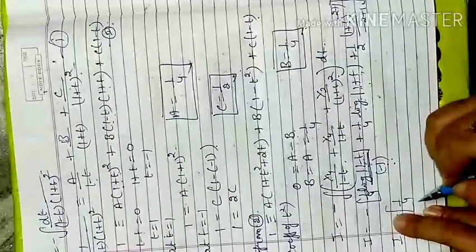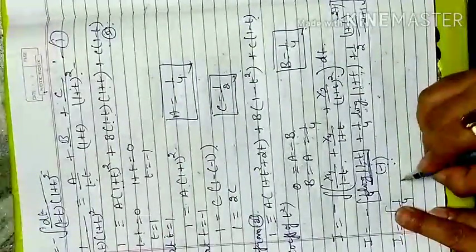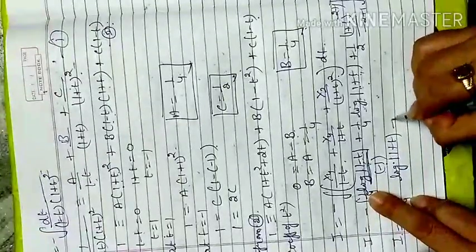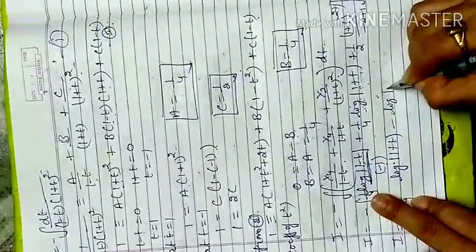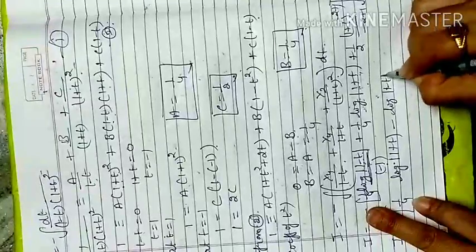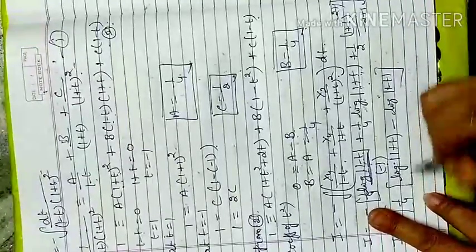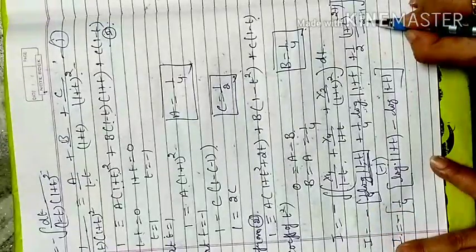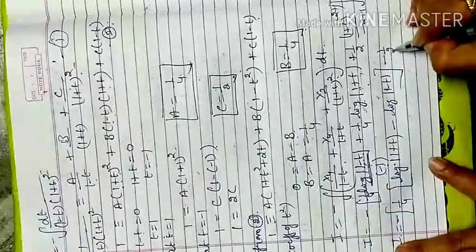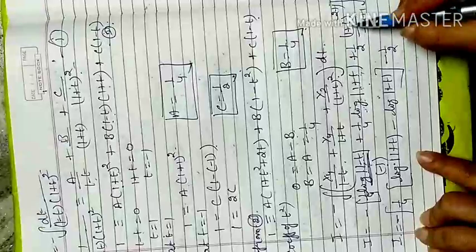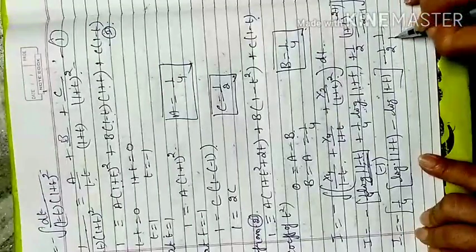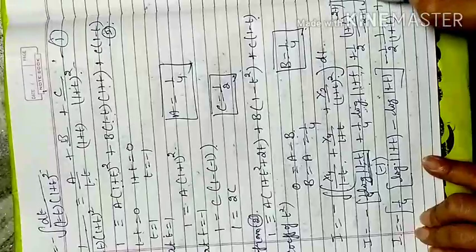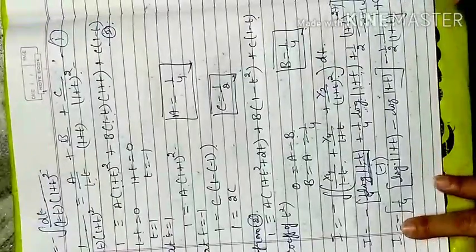If I take 1/4 common, that will be log(1 + t) minus log(1 - t). So 1/4 is common, and when you solve this one, this is negative minus 1, so that will be minus 1/2, raised to power minus 1, that becomes 1 plus t. That will be the term, plus c, and minus is outside.